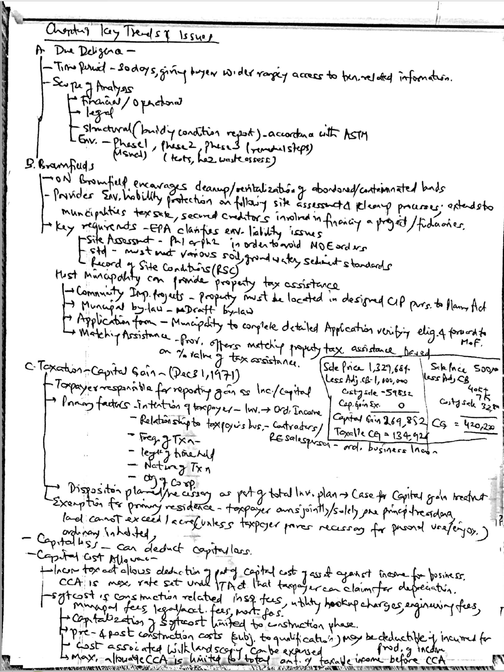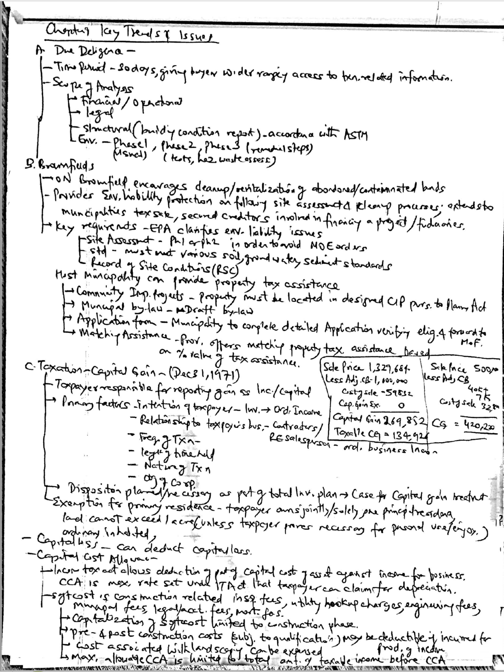A few of the key requirements are Regulation 153/04 under the Environmental Protection Act, which clarifies certain environmental liability issues and sets out conditions that must be met in order to receive protection from future Ministry of Environment orders following site cleanup.